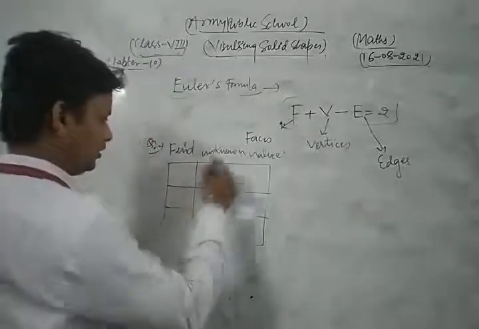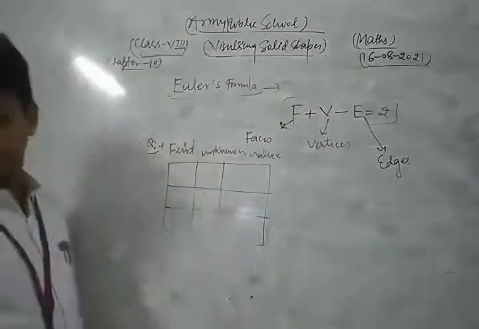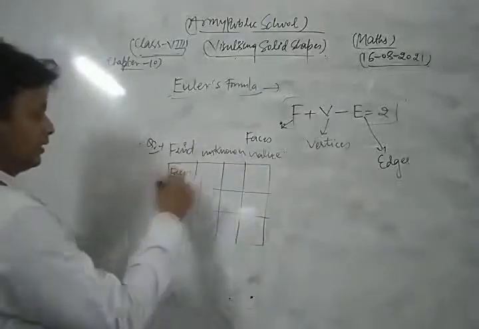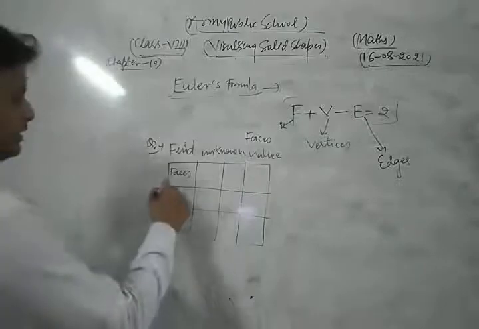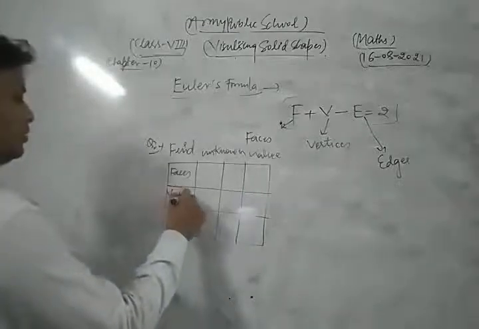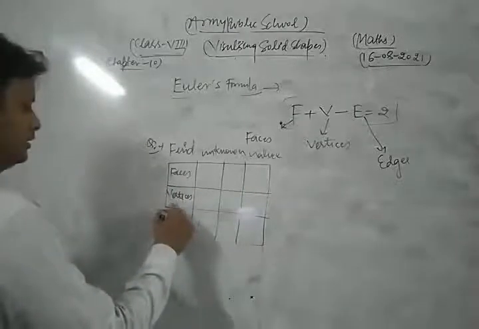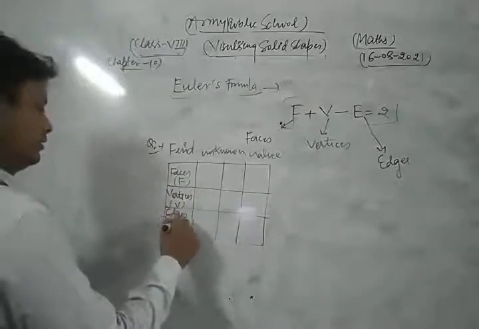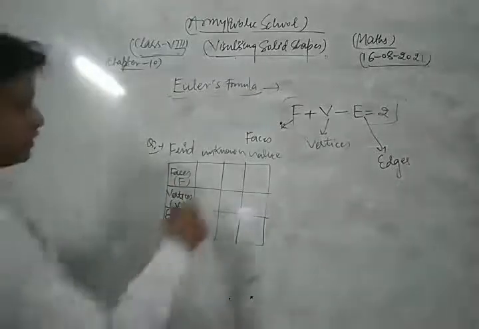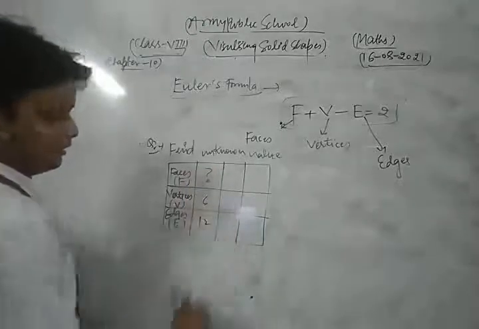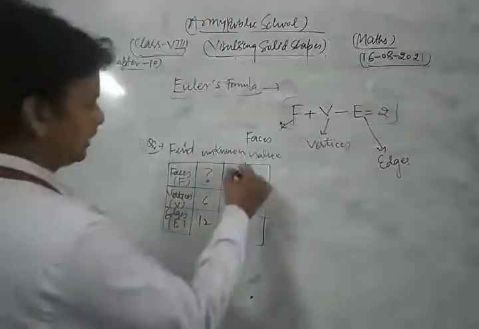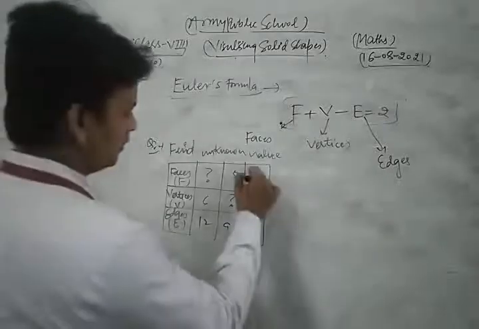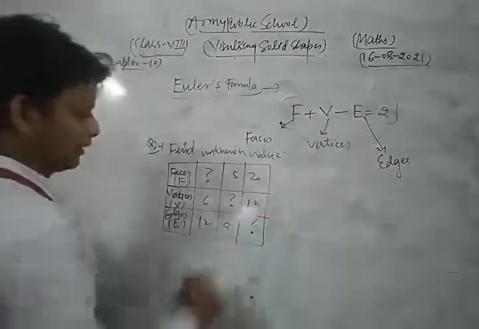This is faces, this is vertices, and this is edges. This is F, this is V, this is E. Question mark, 6, 12; 5, question mark, 9; and 20, 12, question mark.